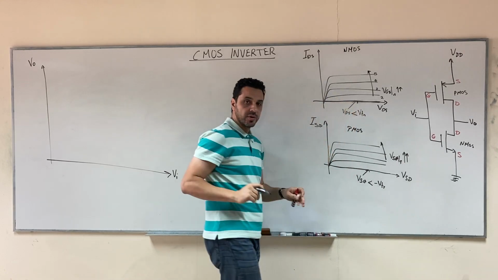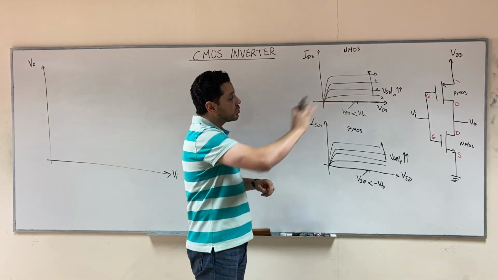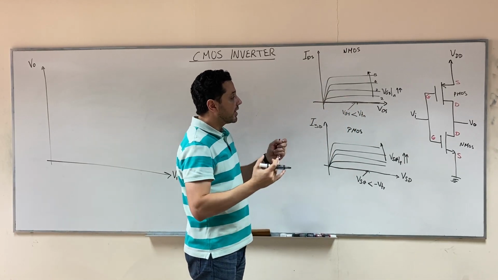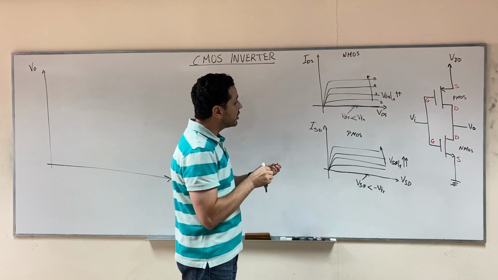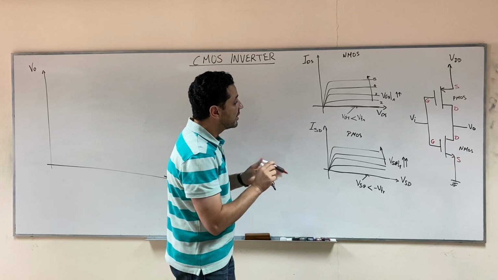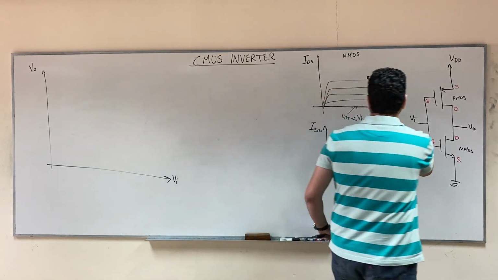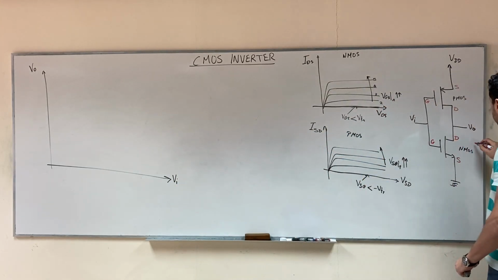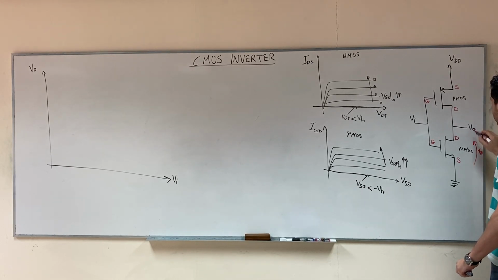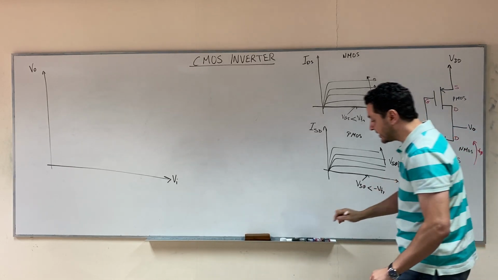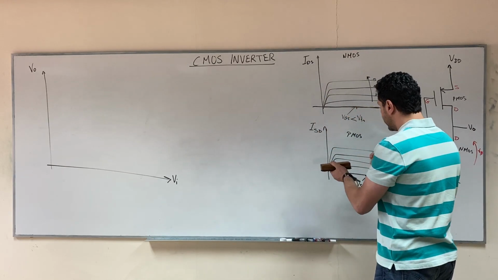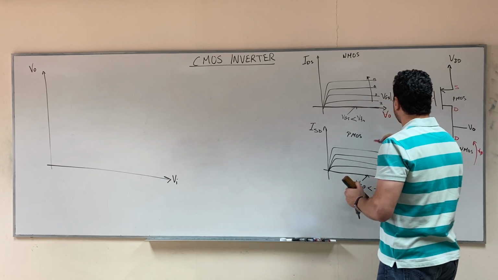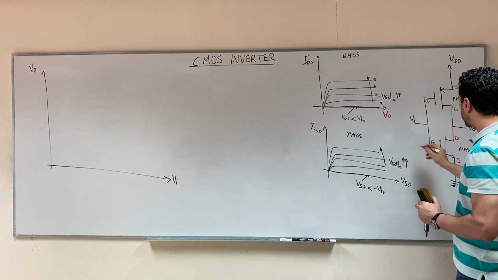We studied this before. Now let's apply this to our circuit. So, for example, we will notice what? We will notice that for the NMOS, VDS is the same as Vout. So VDS of the NMOS is the same as Vout. So we can replace VDS here with Vout.